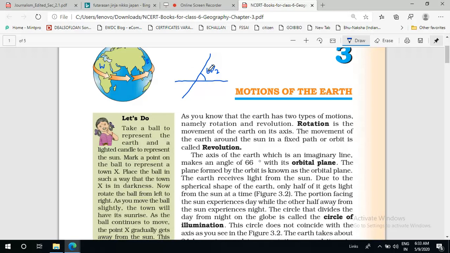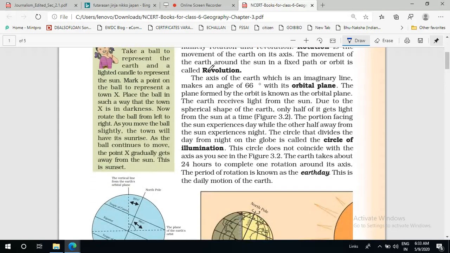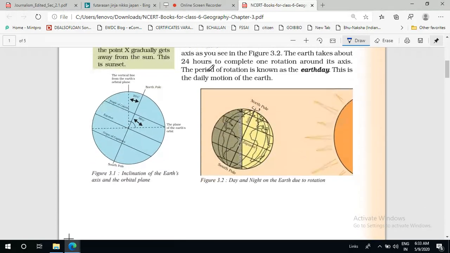Now one more thing we must understand is that the shape of the earth is spherical. Earth is a spherical body, and because of this spherical shape, the light of the sun does not fall on all parts of the earth equally.